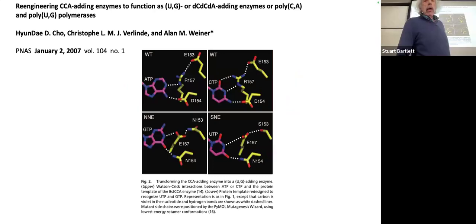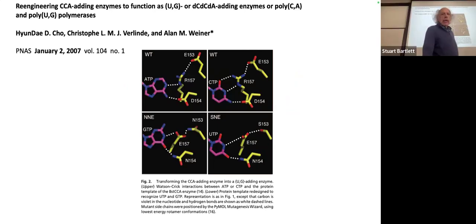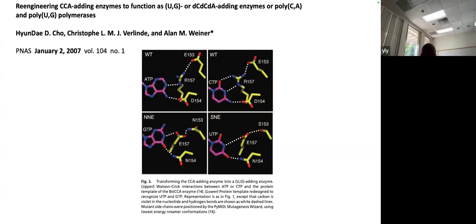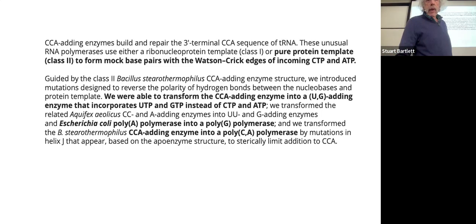Now, what Alan Wiener then did, he essentially mutated this system and got a system that would now do things like not only A and C, it would do U and G. And it would also do poly-CA. Okay, CCA enzymes.